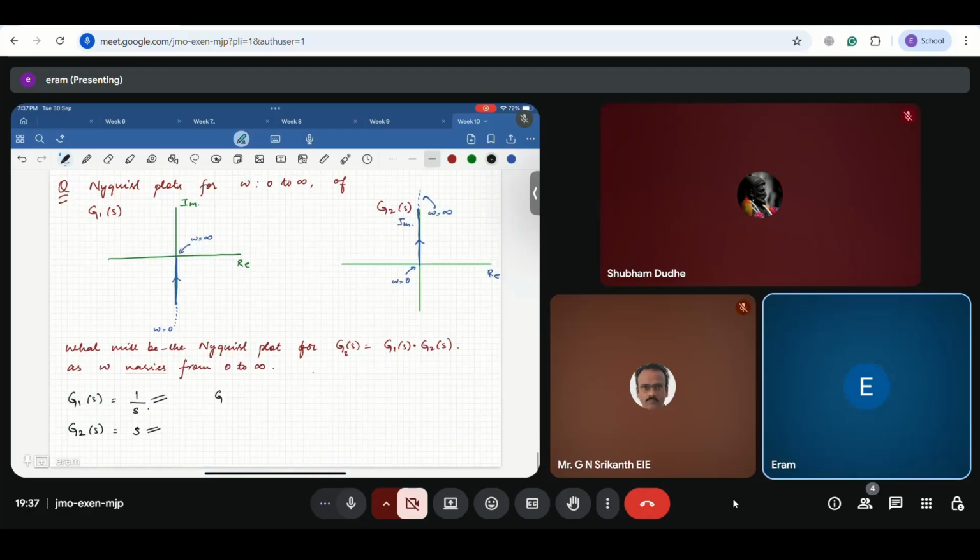One graph was like a circle, another was a point at the origin, and another was a point at real part 1, and there was another option, I don't remember that. Now if you find g1 into g2, what will be the transfer function?